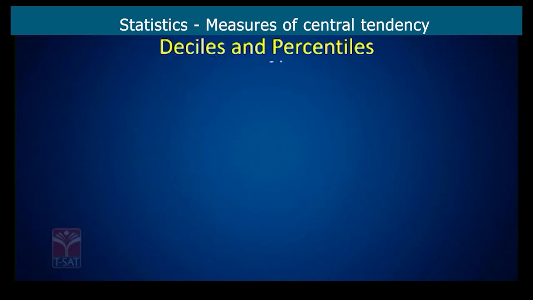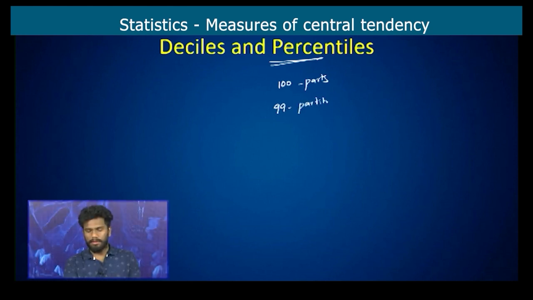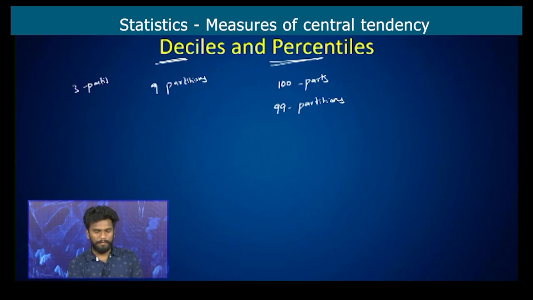Percentile divides the data into 100 parts. To divide into 100 parts, how many partitions do we need? We need 99 partitions. In deciles, we need only 9 partitions, and in quartiles 3 partitions. So you have to remember this. Percentiles need 99 partitions, deciles 9 partitions, quartiles 3 partitions.